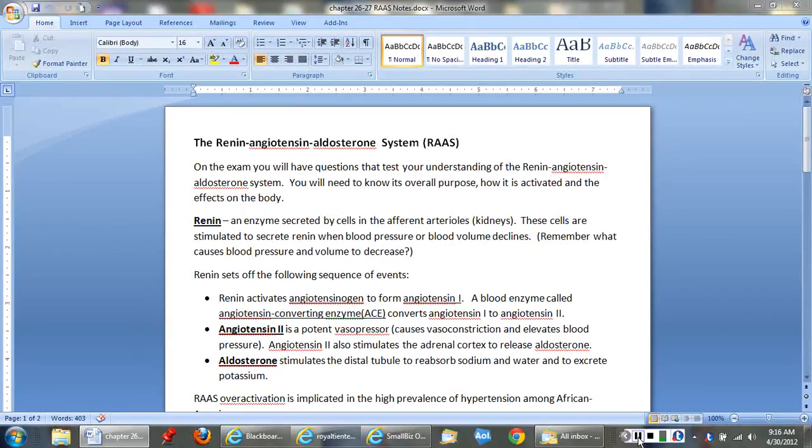So the aldosterone will stimulate the kidneys to reabsorb sodium, and just about any time sodium is reabsorbed, water is going to follow sodium. Okay, so that's one of the things you should get out of the chapter on fluid and electrolyte balance, that sodium pulls water toward it.